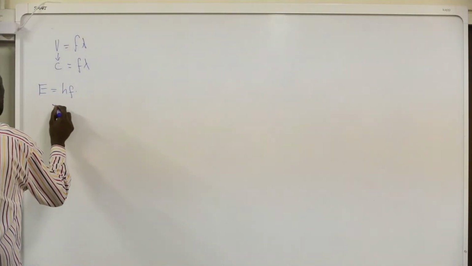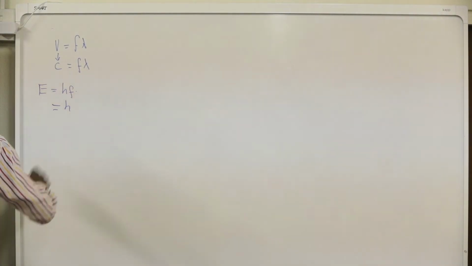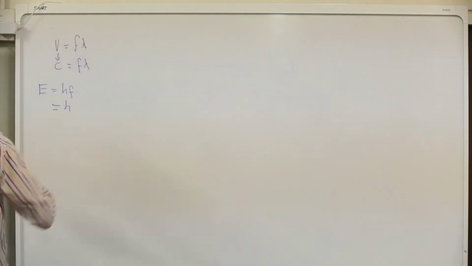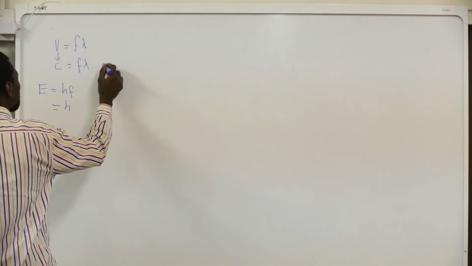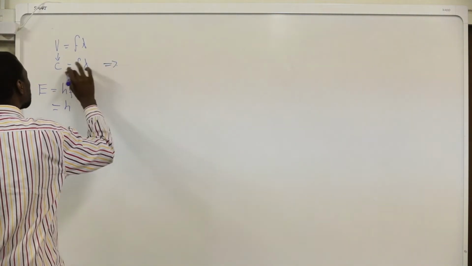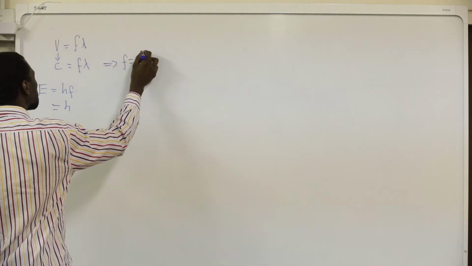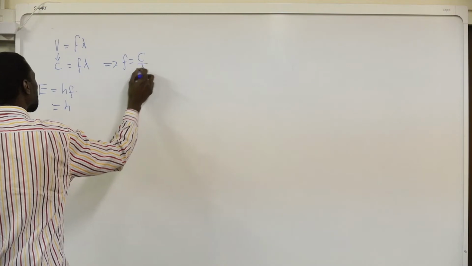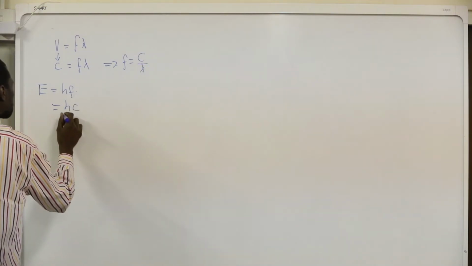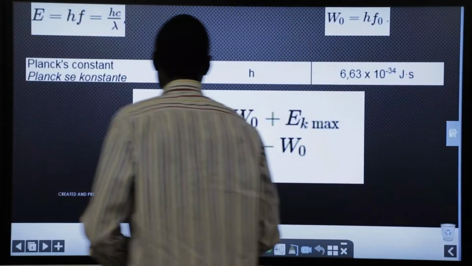If we do not have the value of f, and we've got the values of c and lambda, we can conversely say that c over lambda gives us the value of f. So that's where this one comes from.